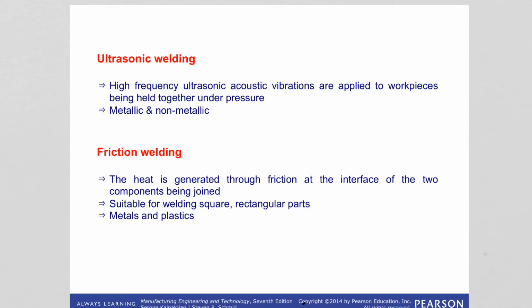The pressure at the interface and the resulting friction produce sufficient heat to develop a strong joint. The compression force upsets the parts and flash is produced. It can easily be removed by machining or grinding.